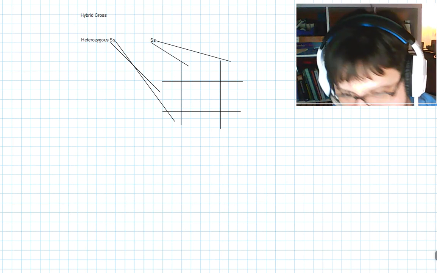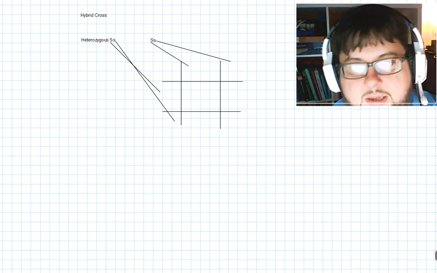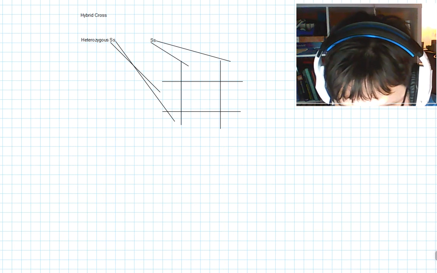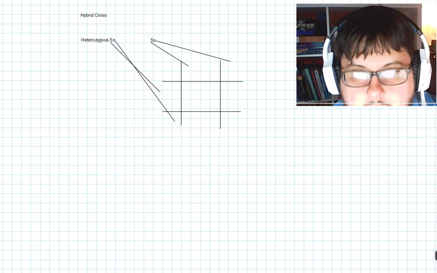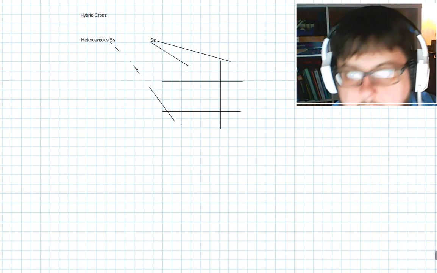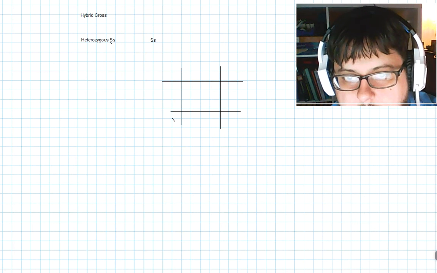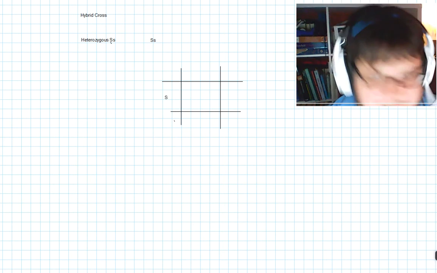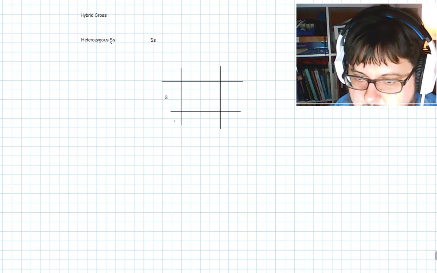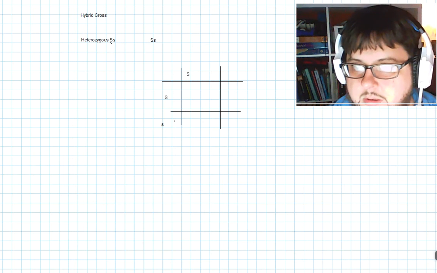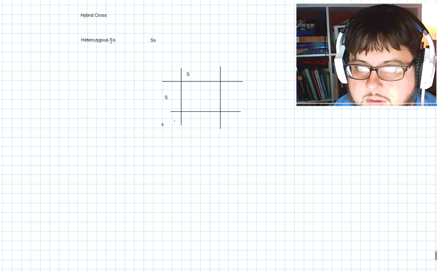So let me get rid of those lines because they'll be kind of annoying otherwise. So we take one of the big S here, small s here, big S here, small s here.